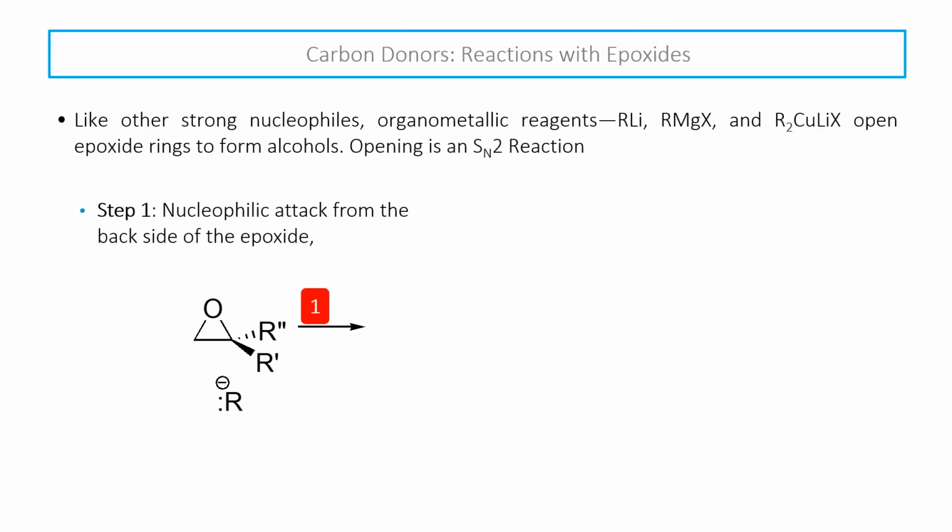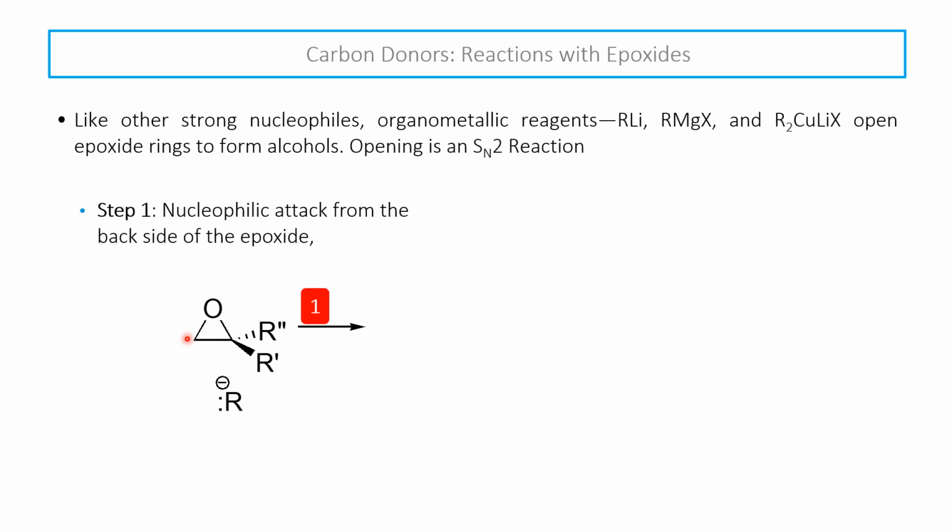The mechanism that we saw earlier, we can just think about this epoxide, which is asymmetrical, and the nucleophilic center, of course, is your Grignard, and the electrophilic center is the least substituted carbon on the epoxide.